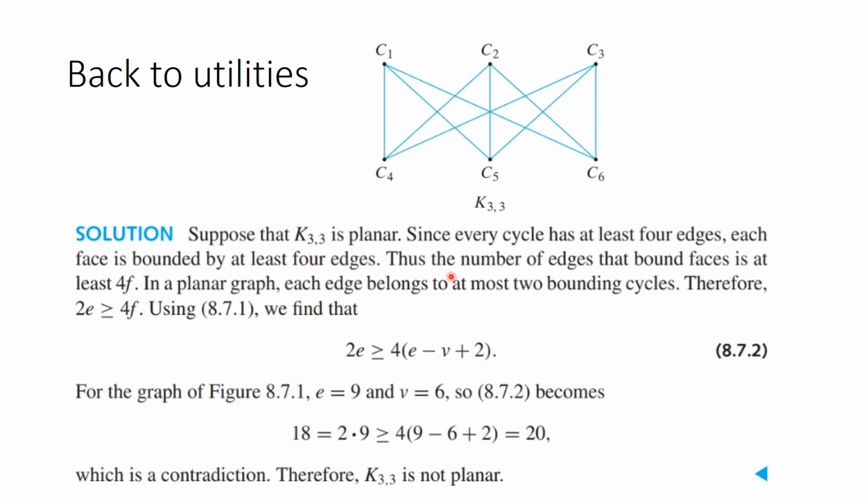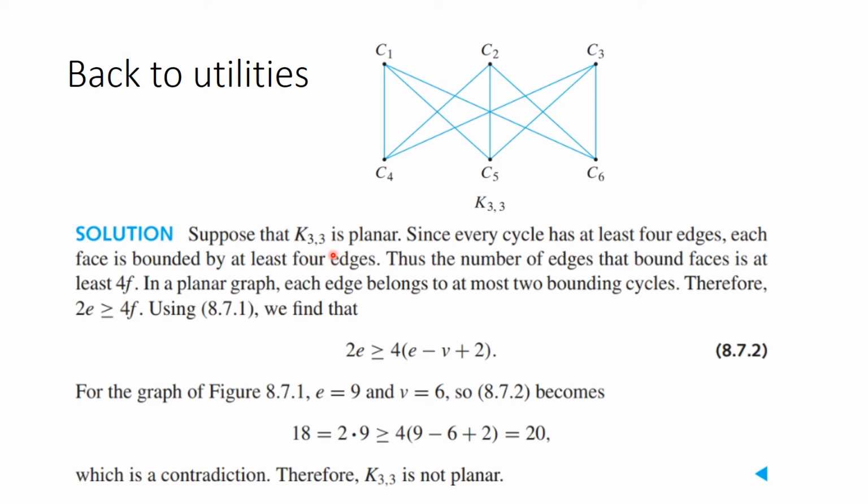Thus, the number of edges that bounds faces is at least 4 times the number of faces. Now, in a planar graph, again, we're assuming that each edge belongs to at most 2 cycles bounding each other. Therefore, 2e is bigger than or equal to 4f.